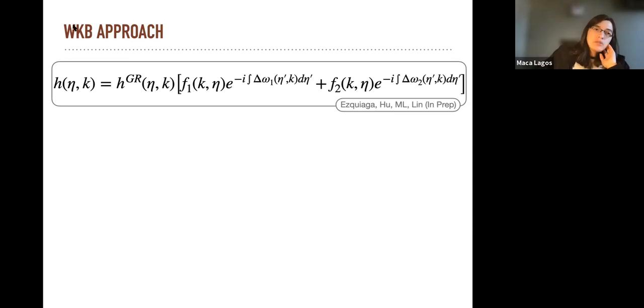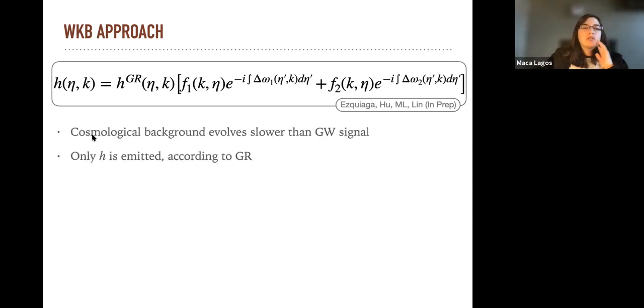But one could use the WKB approach. Basically we assume that the Hubble rate, or the cosmological background evolution, is much slower than the gravitational wave signal.